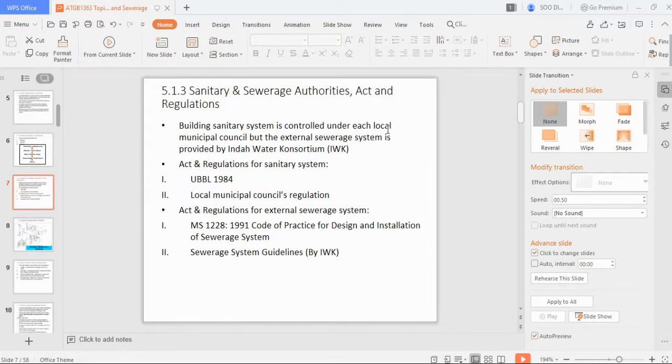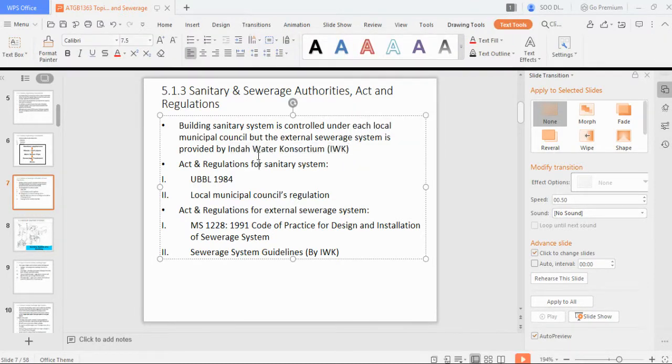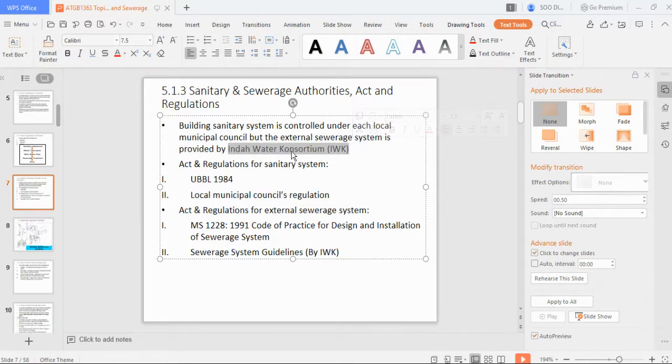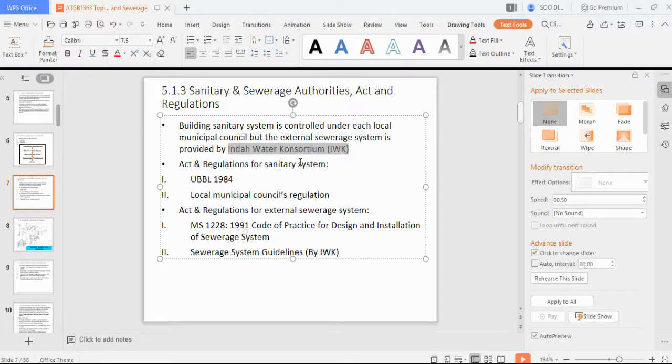There is a lot of law regulating sanitary and sewage. In Malaysia, IWK is the one who controls the sewage treatment plant. This external sewage system is provided by IWK, so it's actually operated by IWK.